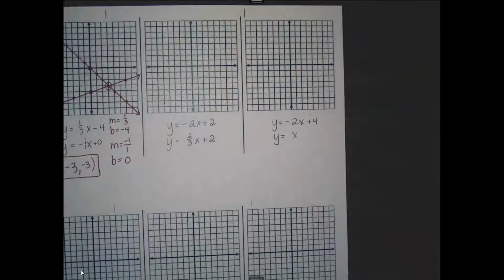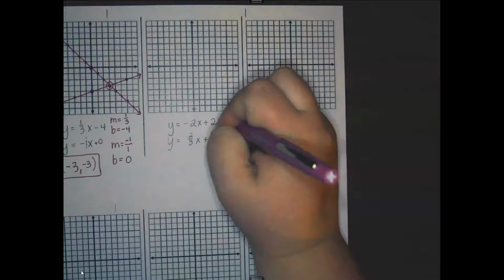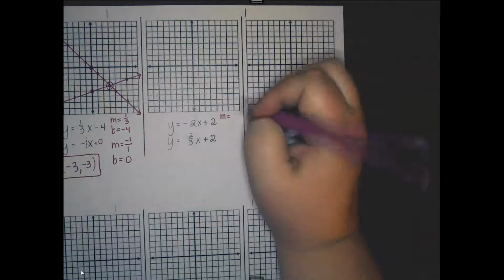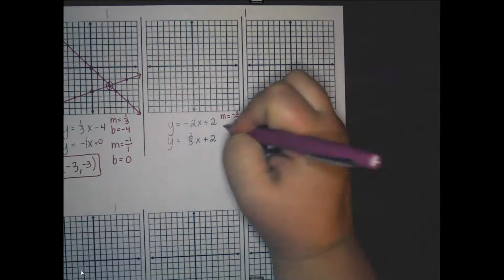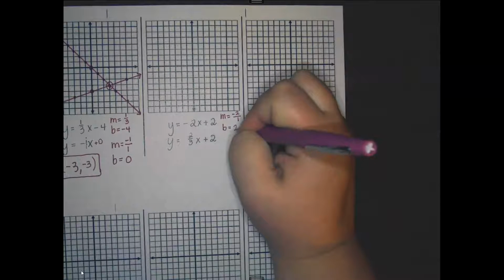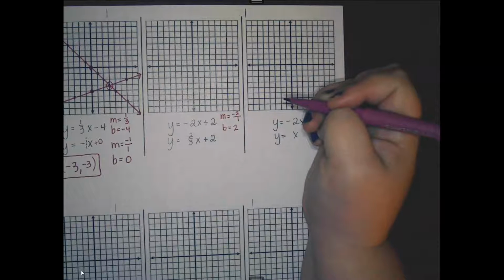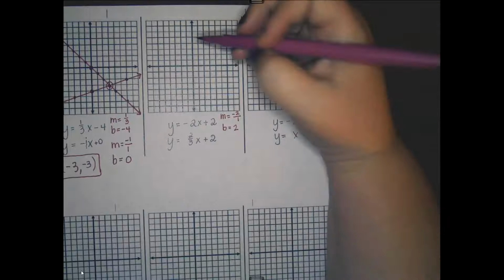All right, go ahead and copy down number 2 if you need to. For this first one, my m is -2, which I'm going to stick over 1. My slope is -2 over 1, and my y-intercept is 2. Sorry.